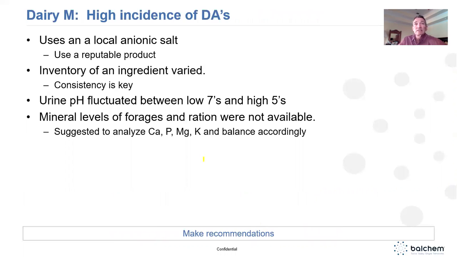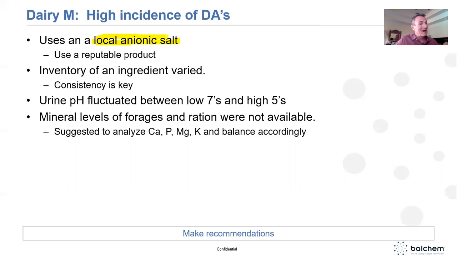In this case, a few things, once we got on to calcium, that we wanted to look at was, okay, they're using an anionic salt. And they use a local anionic salt. Local is a key word in this sentence. Normally, y'all would not worry about it, but because this was in an international country, where that country makes a lot of me-too products that are not very reputable, you've got to be very careful.